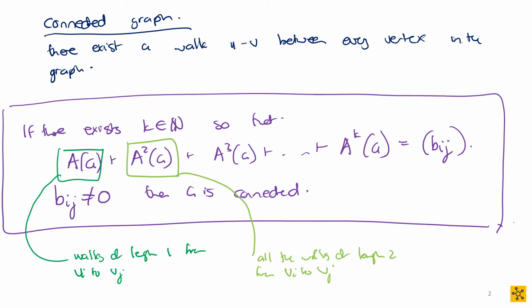So the idea is that if you keep on finding the walks of different lengths, at some point, if all your elements are non-zero, that means that there exists some walk, either of length 1, length 2, length 3, length 4, whatever, from that vertice to the other vertice. And the moment that happens, it means that it is connected.